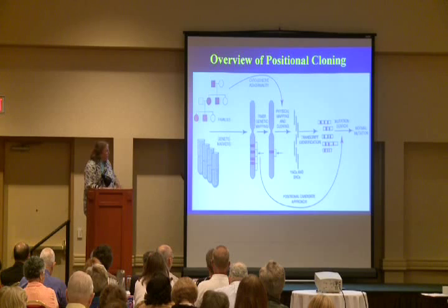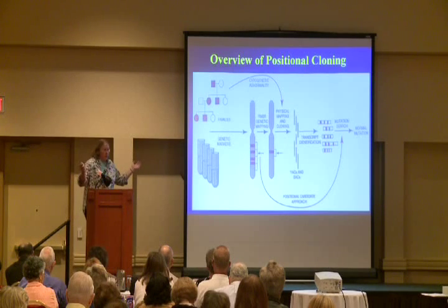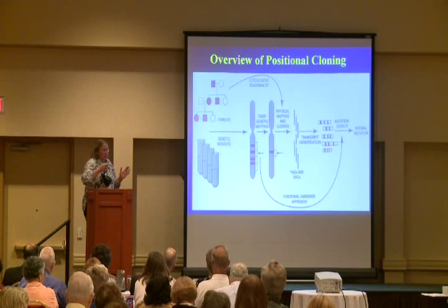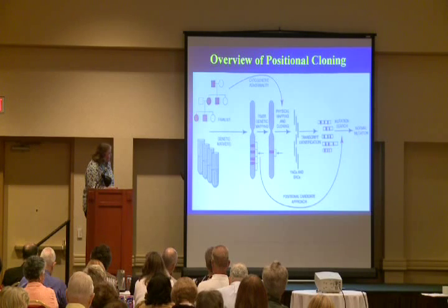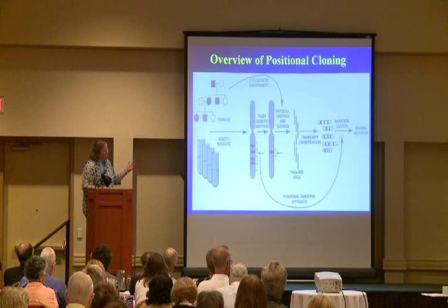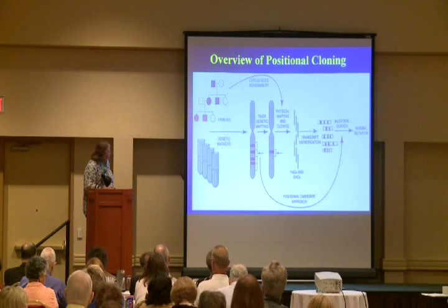So we don't know the disease gene per se, but we know the general region: out of 3 billion bases, we can come down to maybe 1 million bases. And then we do different techniques to try to get to the end where we actually find the disease gene. So the way that you do positional cloning and linkage analysis is you use these large families.